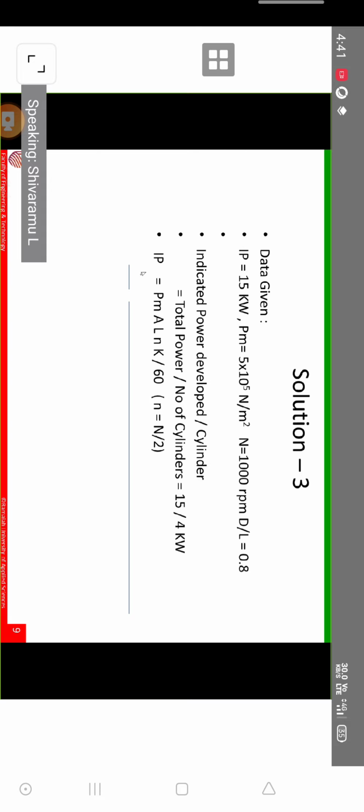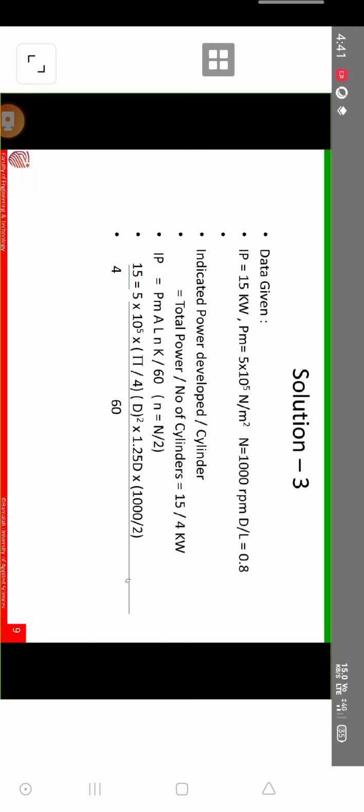So don't get confused. Either you can directly do it in the formula, or you can do it separately and consider this as a single cylinder. Whichever method is easy for you, you can do that. Same thing they have done, 15 divided by 4, and instead of writing 4 here, they have considered it directly. So remaining everything is the same.